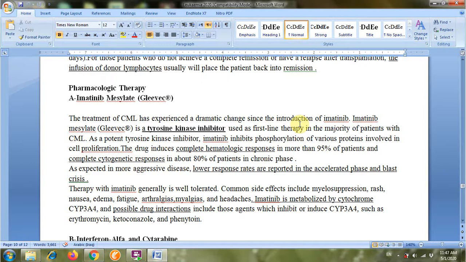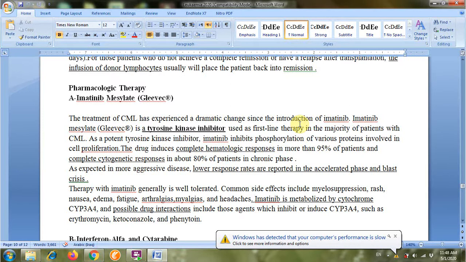Gleevec and other targeting drugs, imatinib, dasatinib. These drugs are tyrosine kinase inhibitors. They target the excess production or excess activation of the tyrosine kinase enzyme resulting from the translocation of the chromosome. This can give me a good cure rate up to about 95%, similar to stem cell transplantation, and the survival rate is very good. It is a very efficient biological drug.